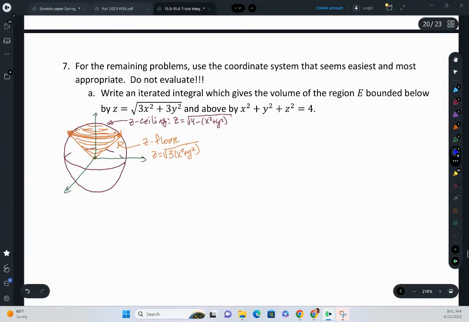What I do need to figure out, though, is what is this circle? Like, what's the equation of this circle? Because that's the circle of values that I need to project on the xy plane to figure out what x and y are doing. In other words, what's that radius and what's the theta? So I need the equation of this circle.